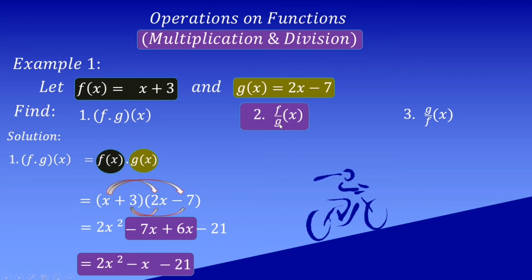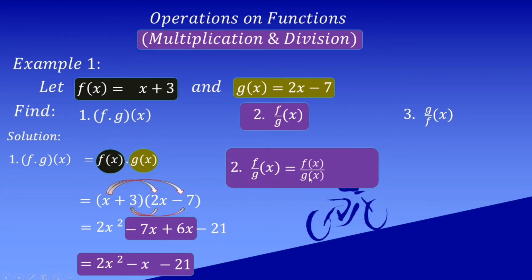Let's divide the two functions, f over g of x. This notation is equivalent to f of x over g of x. Our f of x is x plus 3 and g of x is 2x minus 7. We cannot use the cancellation law here because there is no common factor.